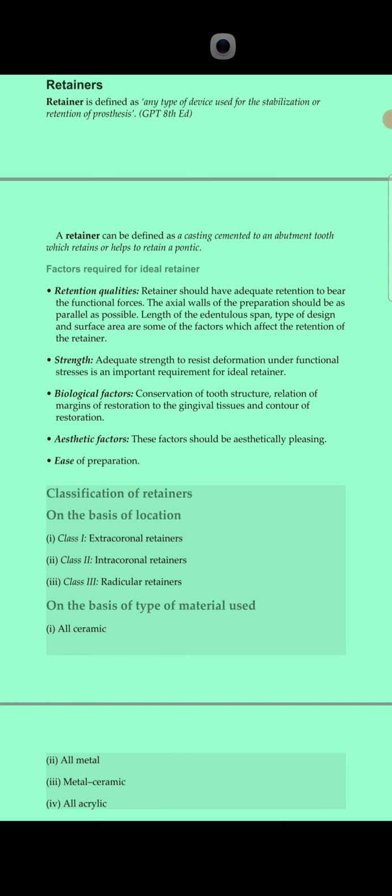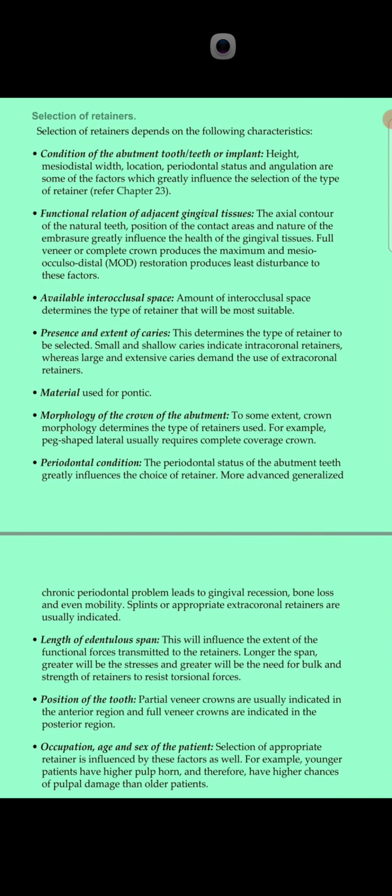Now after classification, come to the selection of retainers. When we select a retainer, the selection depends upon the following factors. Meaning when we select an extracoronal retainer or an intracoronal retainer, the selection depends upon the following characteristics.